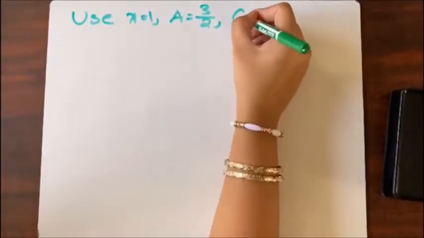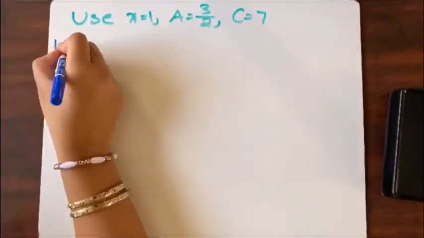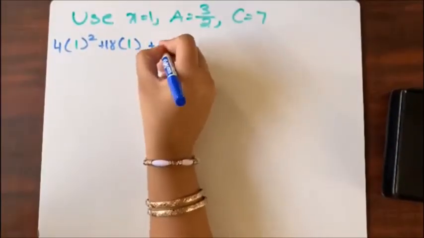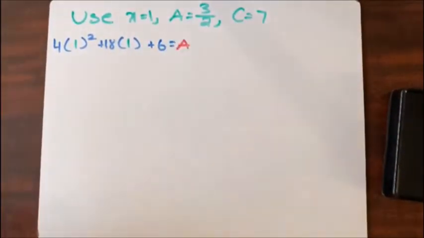The most convenient choices for x have been used, so to find the value of b, you can use any other value of x along with the calculated values of a and c. In this case, we'll be using x equals 1.